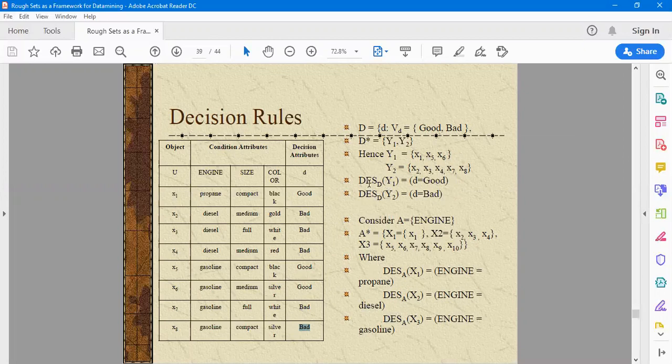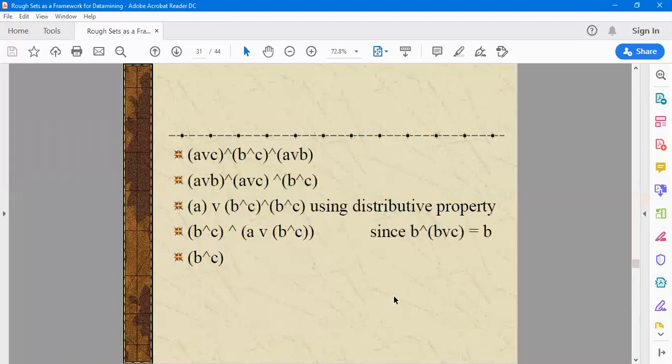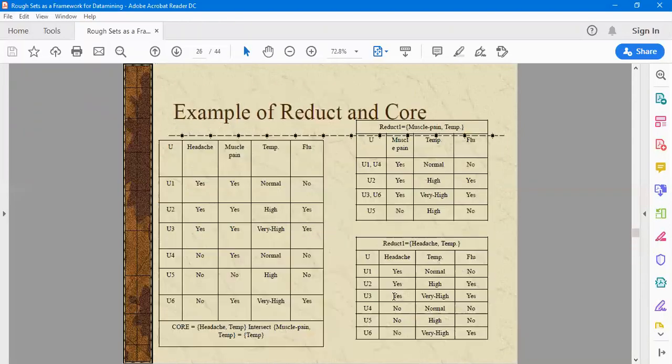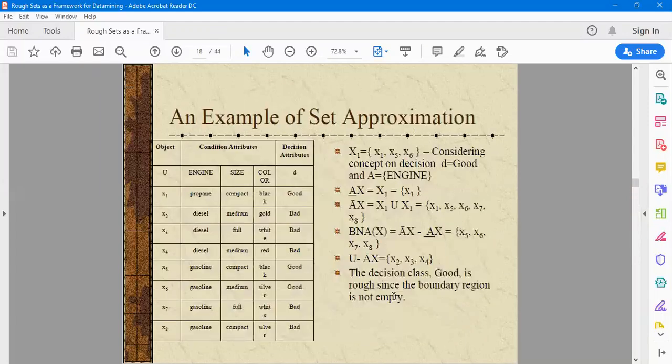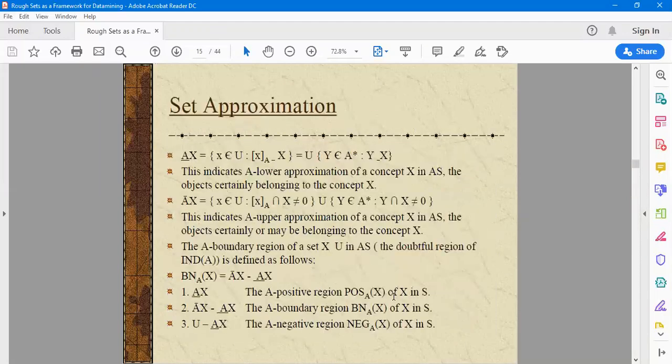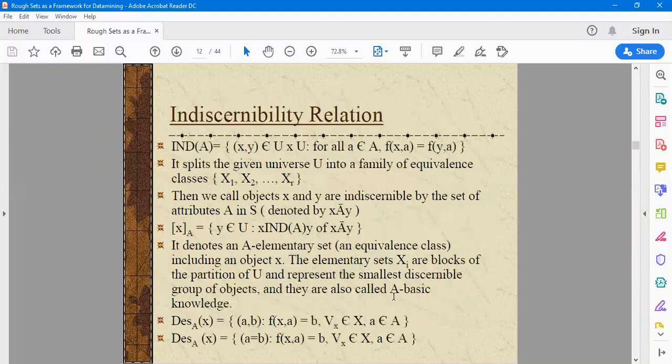So DES, that is the indiscernibility relation, we already studied this. This is the smallest cluster. I'll go through that slide so you get refreshed. Of course, this explanation was given in the previous lectures, but just to connect, see here, DES is the smallest divisible group of objects, which is also called an elementary set.